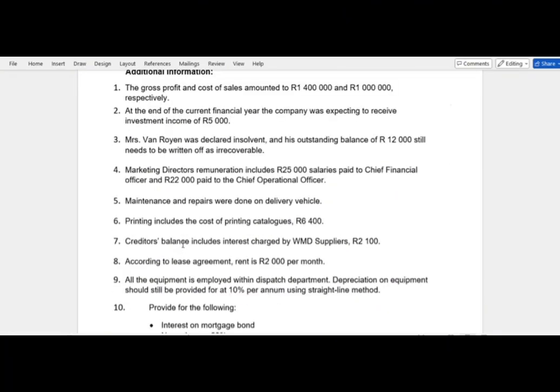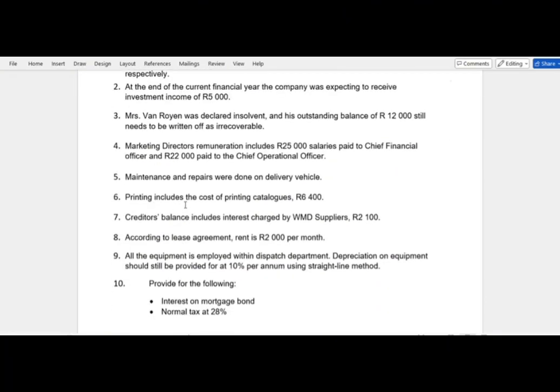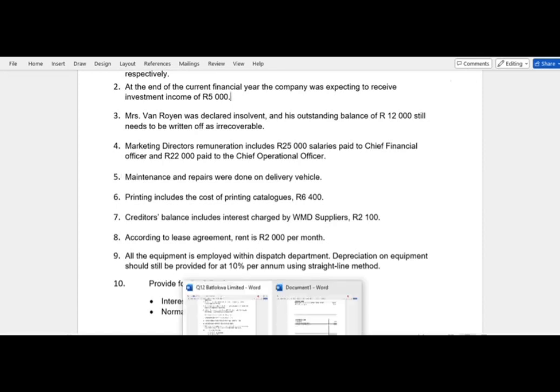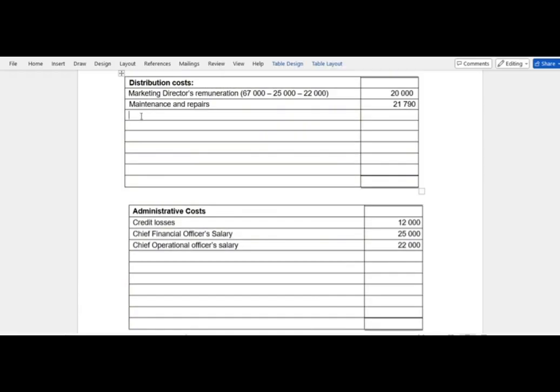The next transaction says printing includes the cost of printing catalogs, 6,400. Catalogs are pamphlets or papers that the shops use to advertise. So we're going to say advertising. Advertising is one of the marketing expenses.